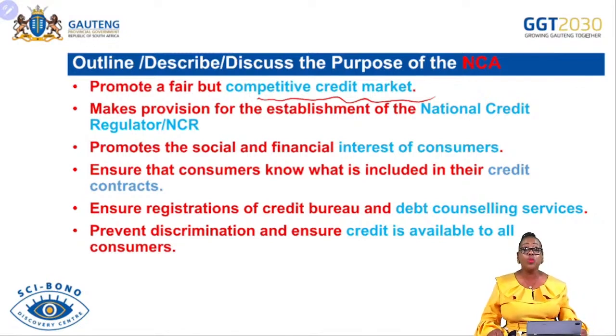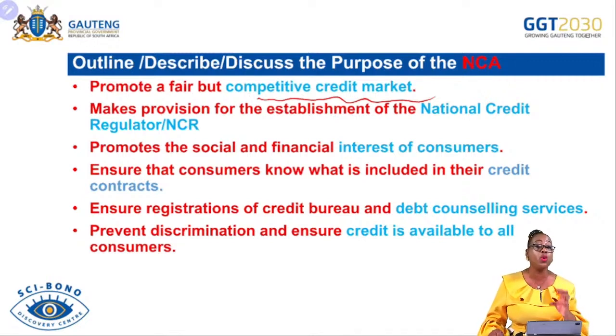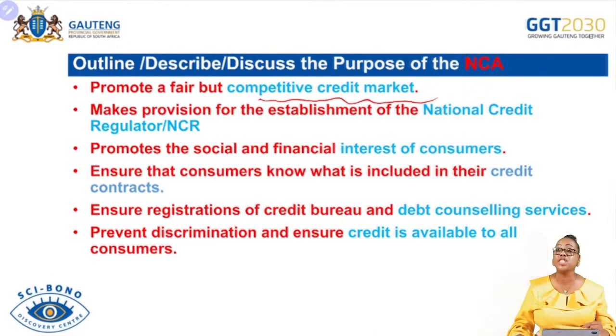And then the second keyword to remember is National Credit Regulator, the NCR. From that keyword, you can come up with a fully structured sentence, because definitely, with the establishment of the National Credit Act, the purpose is to introduce this NCR.